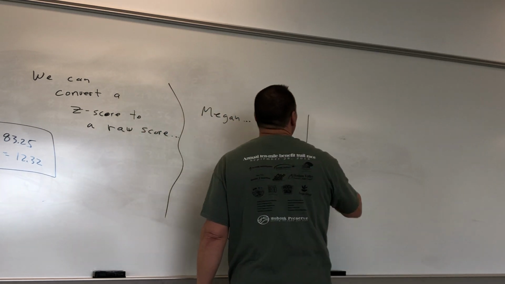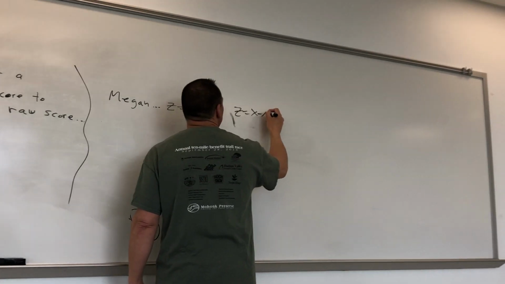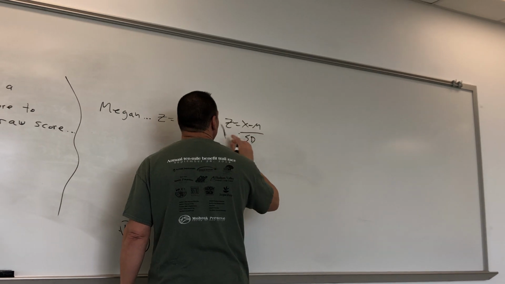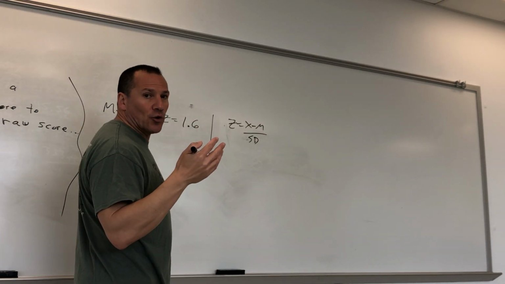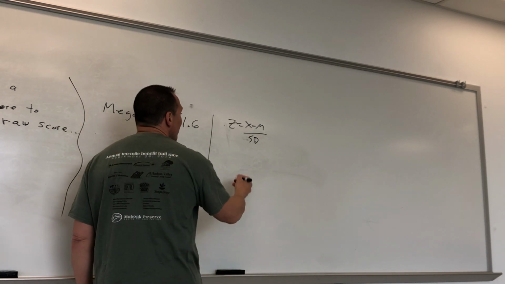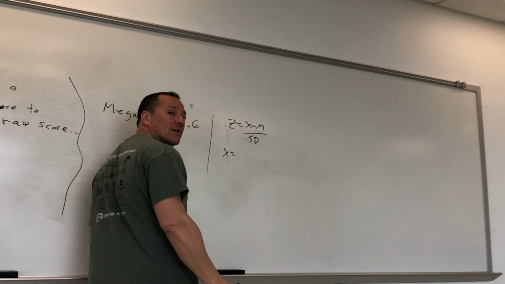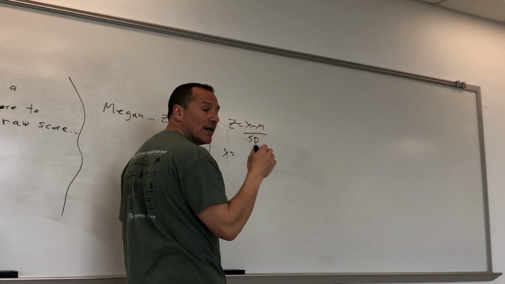Now you remember, z equals x minus m divided by standard deviation. So if we need to convert that to a raw score, this is just a splash of algebra, nothing killer. We want to solve for x.